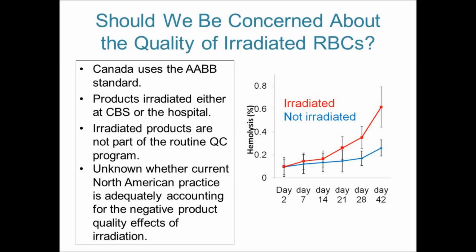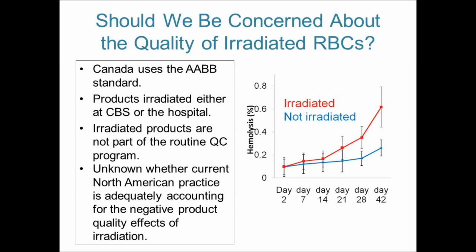We don't check after the unit's been produced how high the potassium is or how high the hemolysis. There's no known standard to do that. And it's unknown whether our current North American practice is adequately accounting for the negative quality effects of irradiation.